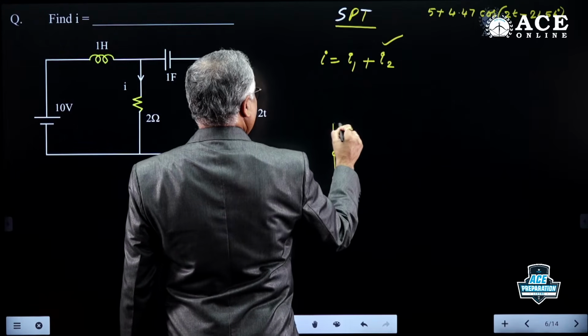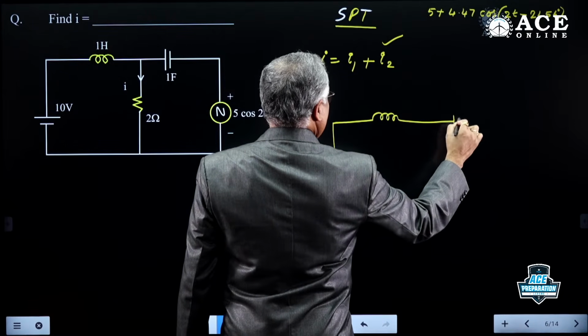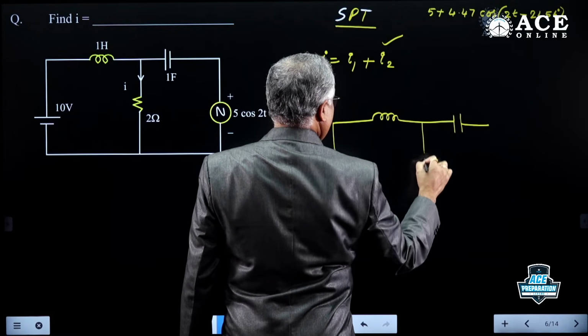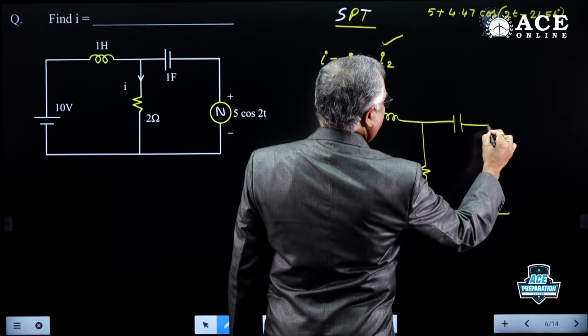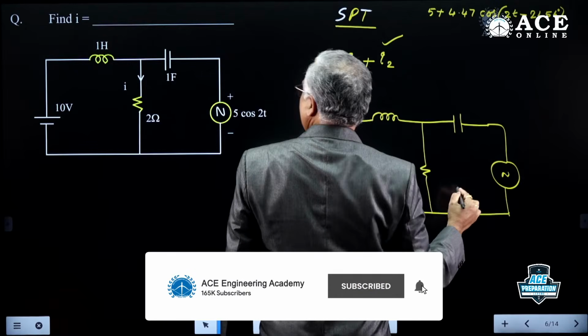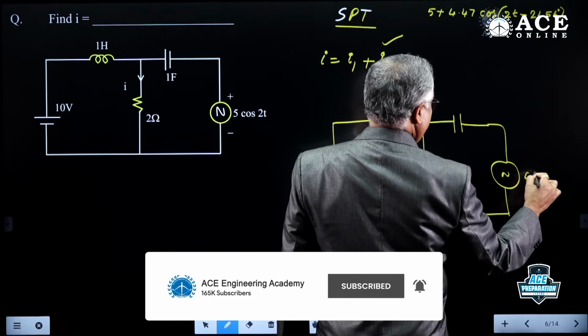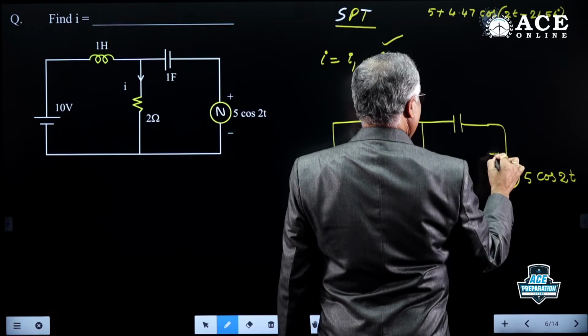Voltage source short. Now the inductor is there, the capacitor is there. It's an AC source problem. 5 cos 2t.